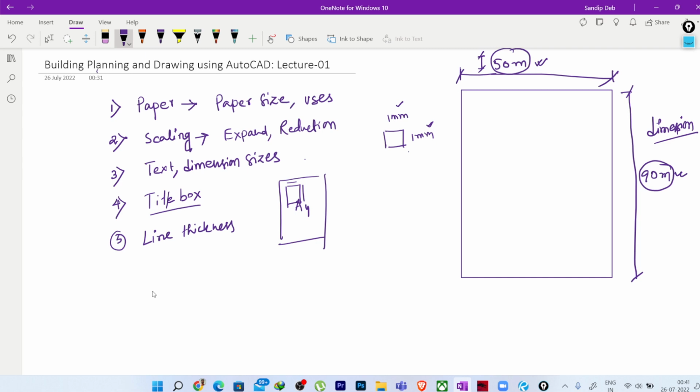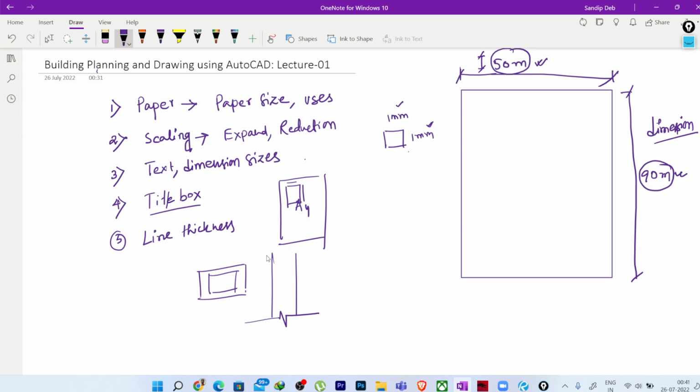Line thickness. Suppose you have a wall like this, then you have some road here, or maybe some section lines here, continuing, like it is saying that this particular road is continuing in this site.